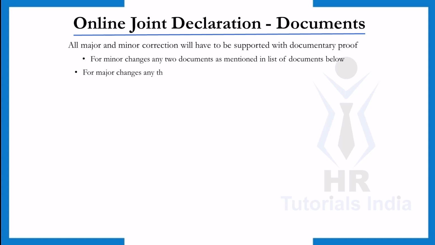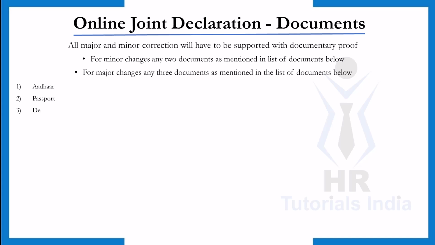For major changes, any 3 documents from the list below. If the changes are major, then 3 documents are required as support and proof for approving the joint declaration. Now let us see what are the documents which are required.